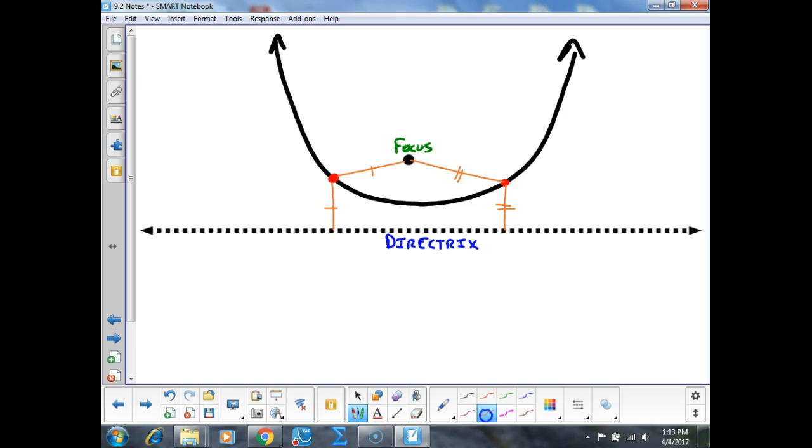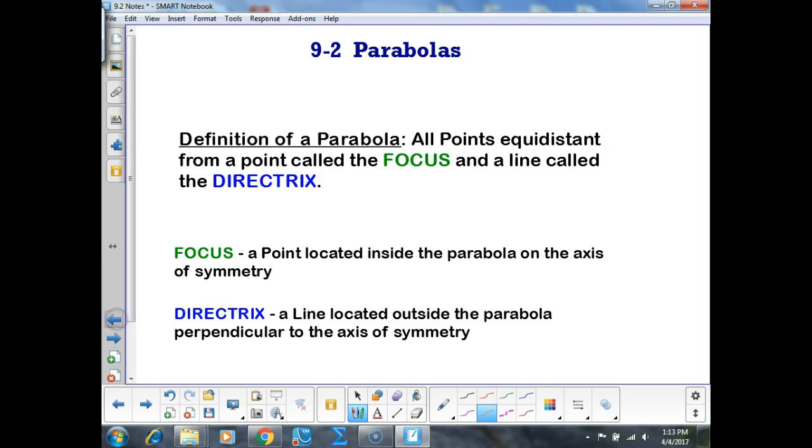Okay? But we still have to find all of those. Okay? So the focus is inside the parabola, and it's also on what's called the axis of symmetry. You've heard axis of symmetry before in Algebra 2. That's the line that cuts the parabola right in half. Okay? And the directrix is outside the parabola, and it's perpendicular to the axis of symmetry. Okay?